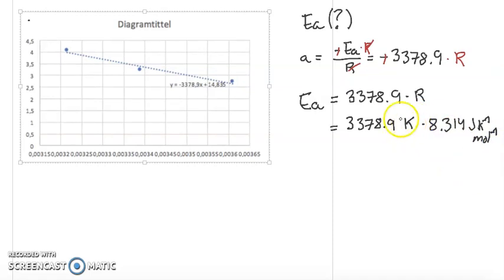So Kelvin and Kelvin to the power of minus 1 cancel each other out. We multiply these two together.